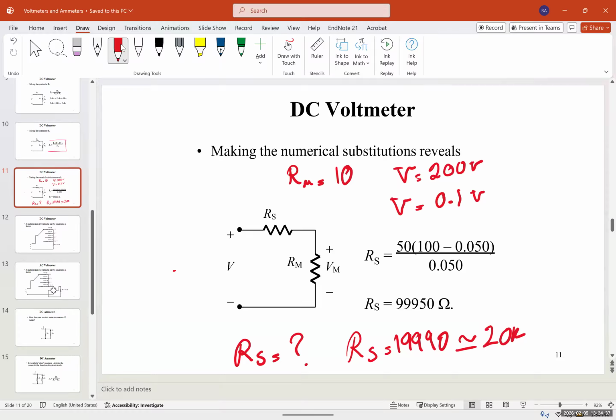Now, let's do another exercise. What if I change this voltage instead of 200? Let's say I want to do 400. I want you to find RS again. So I'm doubling the voltage, going from 200 to 400.